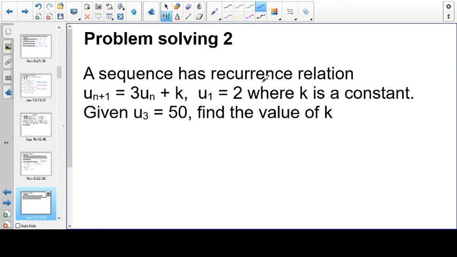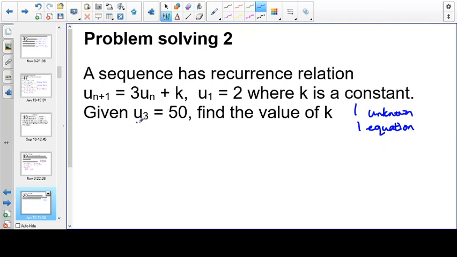A sequence has a recurrence relation u(n+1) equals 3u(n) plus k, where u1 equals 2 and k is a constant. Given u3 is 50, find the value of k. So we've got one unknown, then we're going to need one equation.